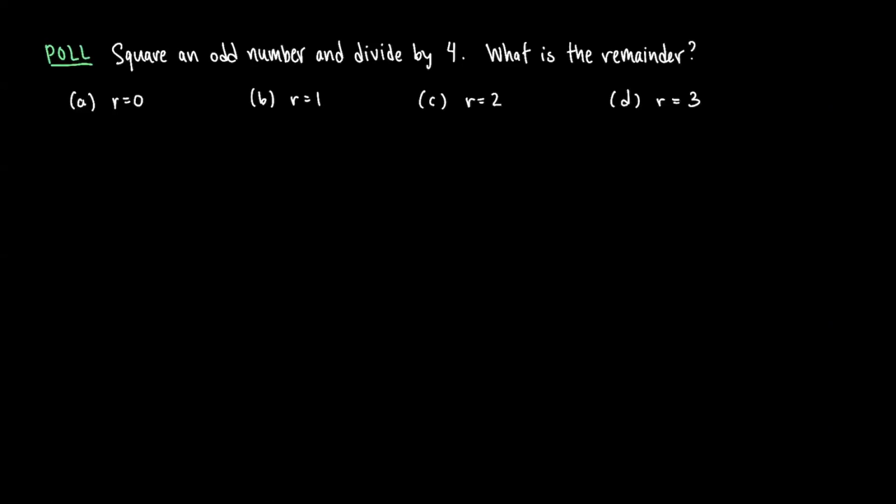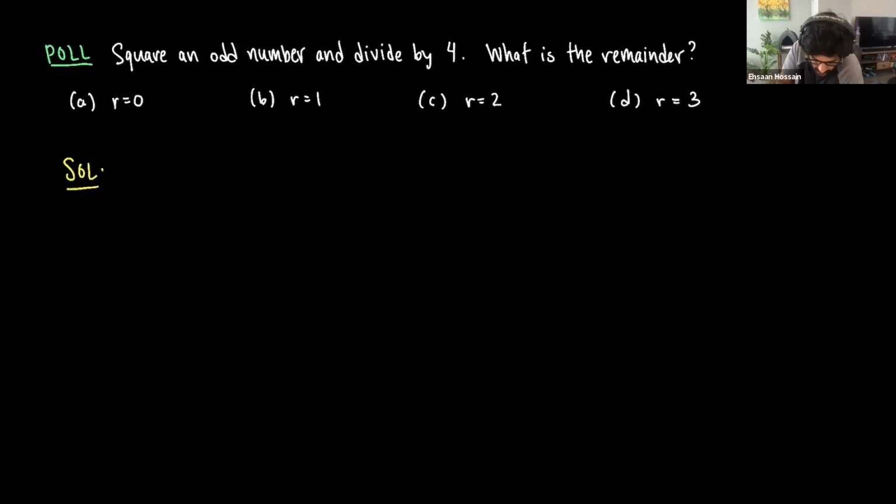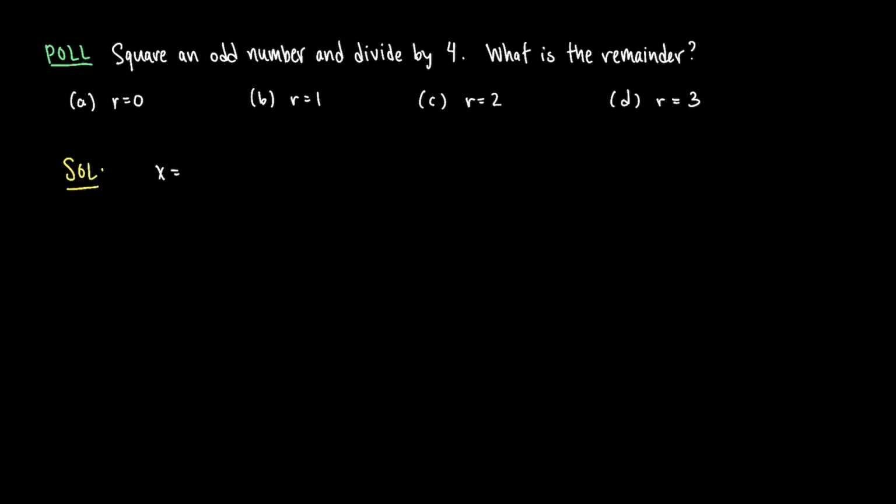Hi, Professor. My way to do that is I write the odd number in the form of 2n plus 1, where n is a natural number.